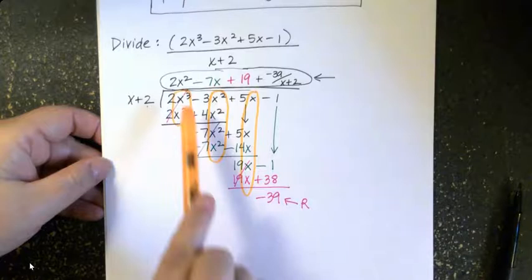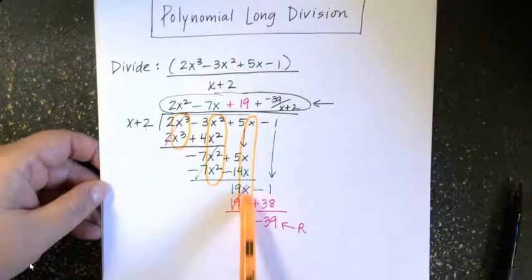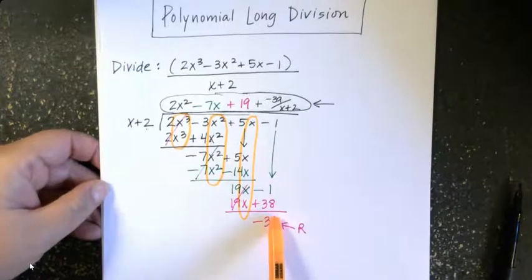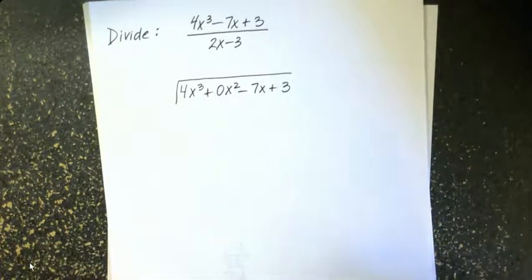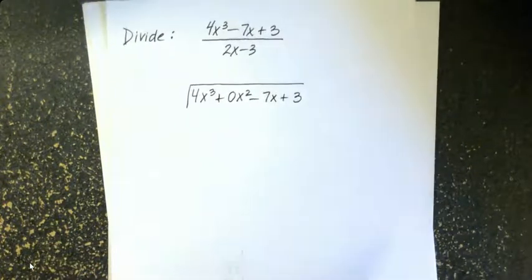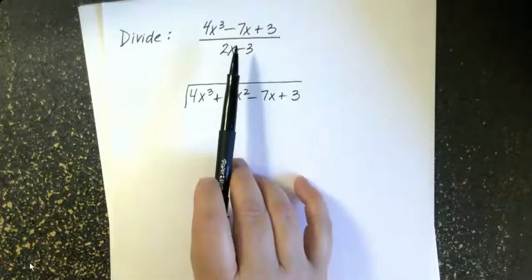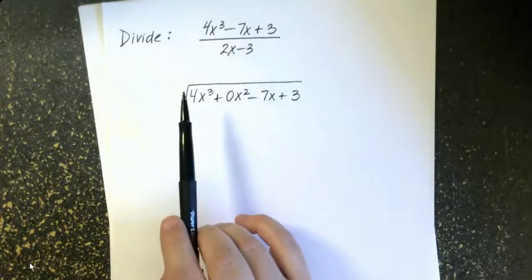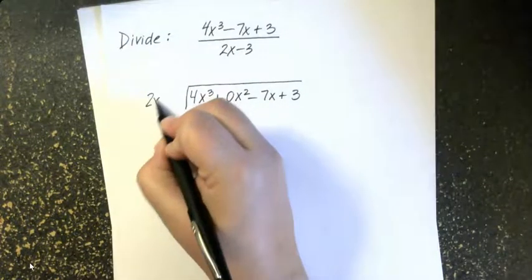We have a column for the x cubes, a column for the x squareds, a column for the x to the first, and a column for the numbers, which is x to the 0. So that's why we put 0x squared. Notice this is something you have to do whether you're doing long division or its cousin, synthetic division. You still have to put a placeholder if you have no term for a certain power of x that is smaller than your degree. All right, so we're going to divide this by 2x minus 3.